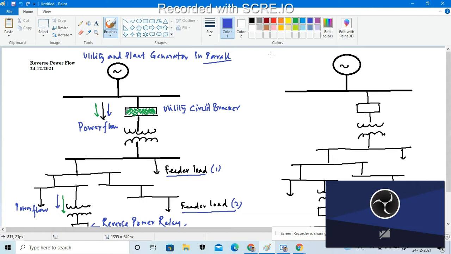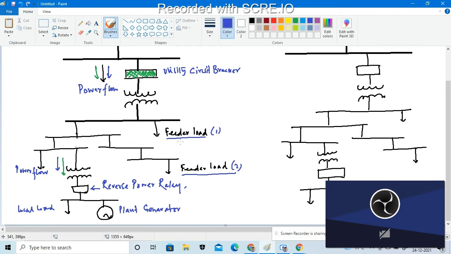So this figure will consist of isolation of a grid and reversal of power flow, right? So in this particular segment, we will see two different things.